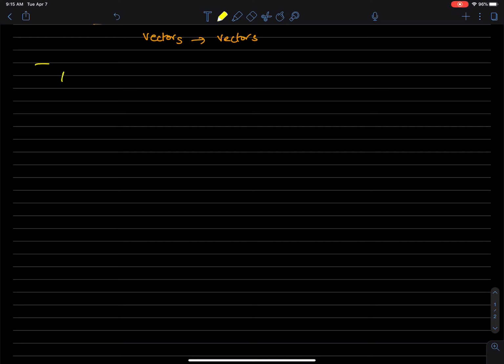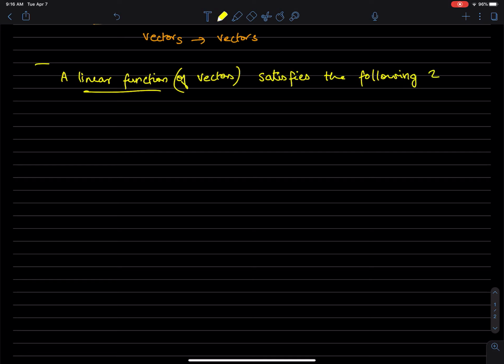A linear function of vectors, let's say, satisfies the following two conditions. Okay, this is what we mean by a linear function.